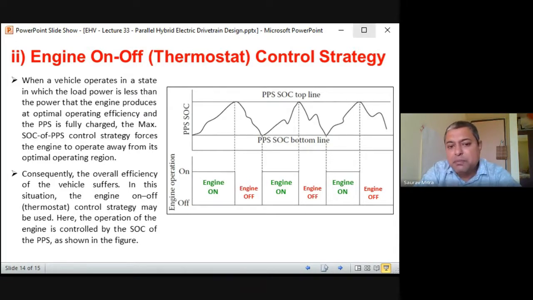It is supplying the PL power. So in this case, PE is doing two jobs. It is supplying PL as well as supplying P_PPS. So whenever the engine is on, it is charging the PPS, and it is also supplying the load power. And again, whenever the PPS reaches its peak, the engine is off because it has charged the PPS.